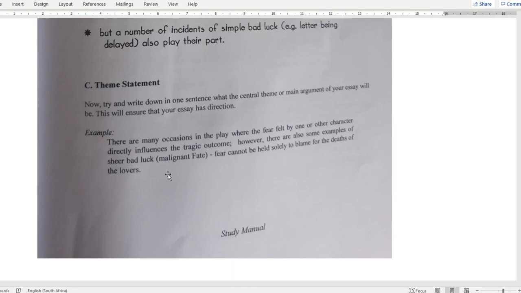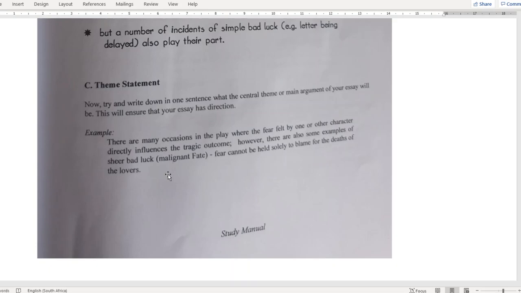So in their theme statement, they've shown you how they agree to some extent with Goddard, and they agree to some extent with the opposing point of view in presenting their argument, right? And I'll show you more so how I would envision presenting my argument, but again, this is your essay.